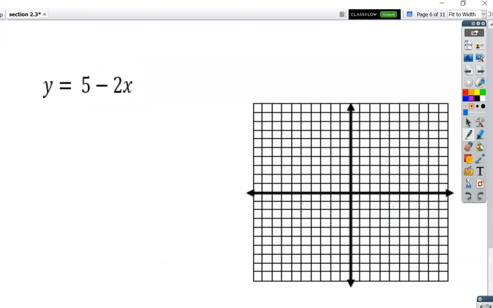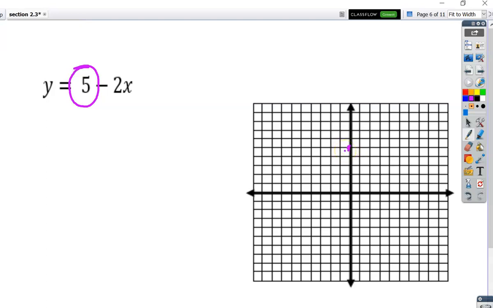This last example is a little bit confusing because it says y equals 5 minus 2x. This is like we switched y equals mx plus b. We just rotated where the b and the mx are. So whatever the coefficient of x is still going to be your slope. This time the y-intercept just came first instead of after the slope. So you still want to start at the number 5.